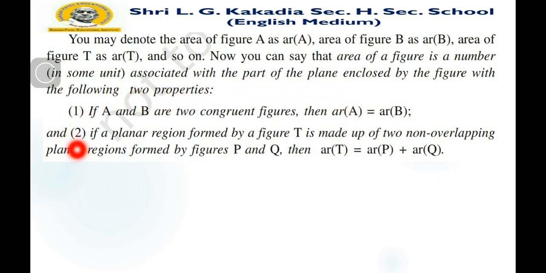And the second one: if a planar region formed by a figure T is made up of two non-overlapping planar regions formed by figures P and Q, then area of T is equal to area of P plus area of Q. So using these two properties, we are going to discuss the areas of parallelograms between two parallel lines.